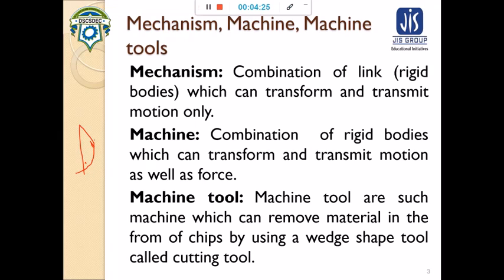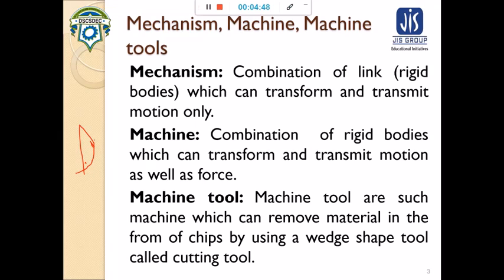In a machine there is a combination of rigid bodies, and they can transform and transmit motion as well as force. So both motion and force can be transmitted and transformed by a combination of rigid bodies, then it is called a machine. Now what is a machine tool?